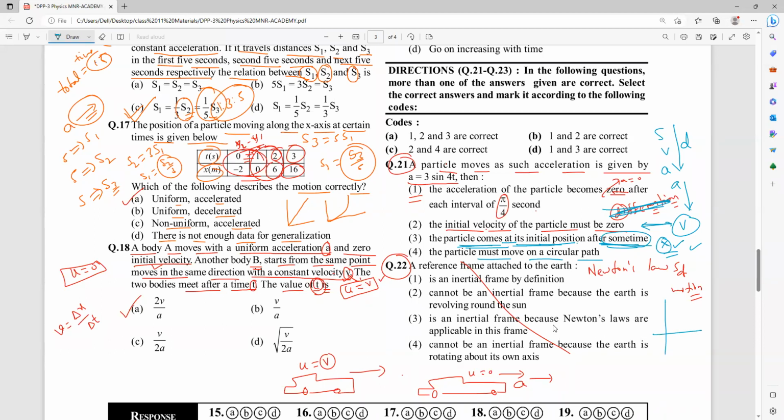We all know it is a sine graph. The given graph is a sine graph. So after some time, will the body come to rest or not, after every interval of time? Yes, sir. So option 3 is correct.